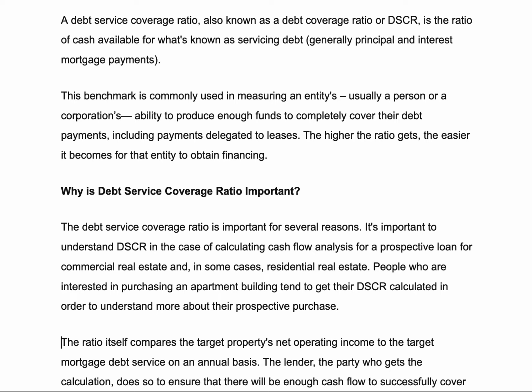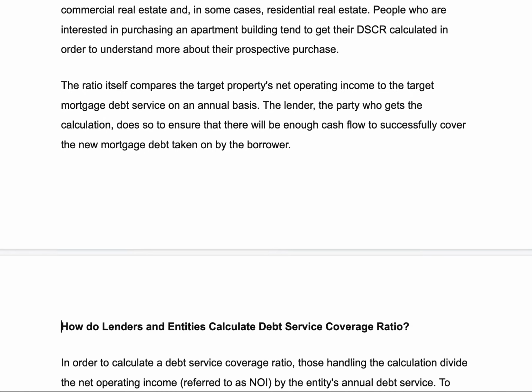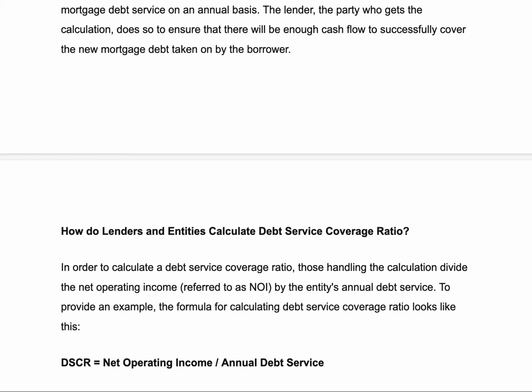Because if the debt service coverage ratio is too low, you're not going to be able to get financing at a bank. It lets a lender know that there's enough cash to cover the mortgage debt. That's the purpose of the metric.